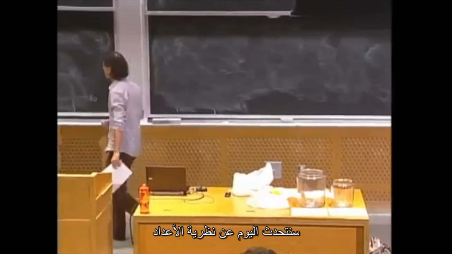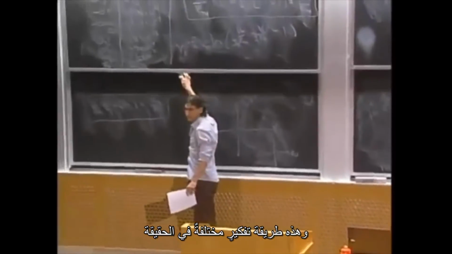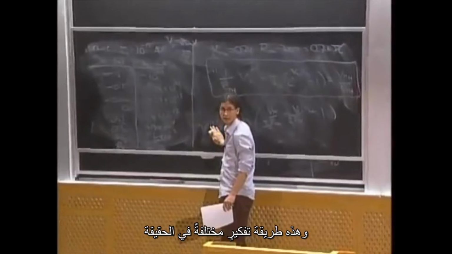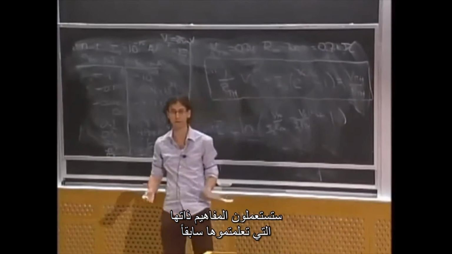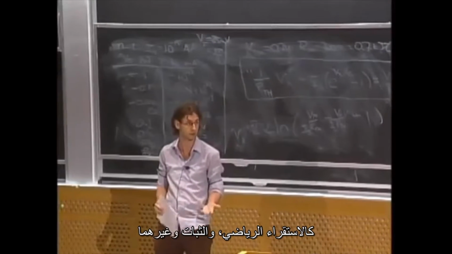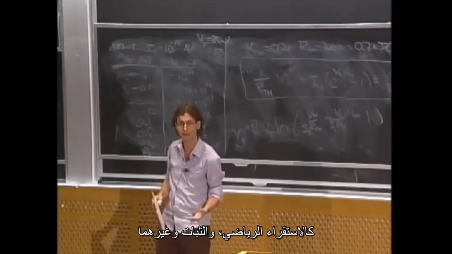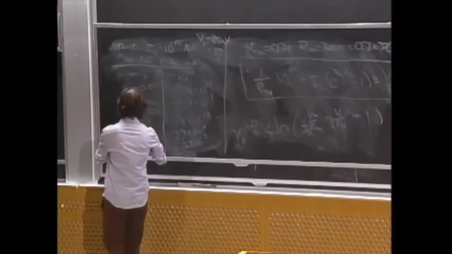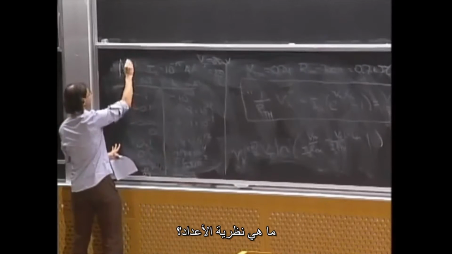So today we're going to talk about number theory. And this is a really different way of thinking, actually, but we will use the same concepts as you have learned before, like induction and invariance, to prove all the theorems. So what is number theory?